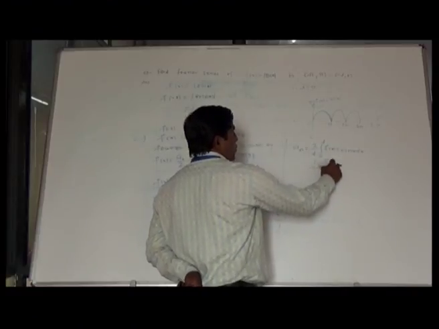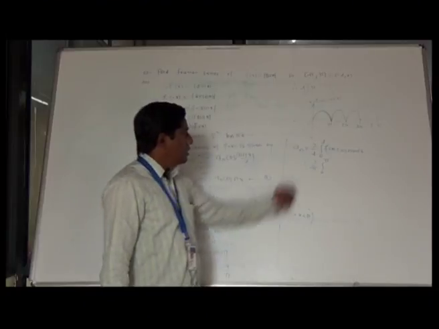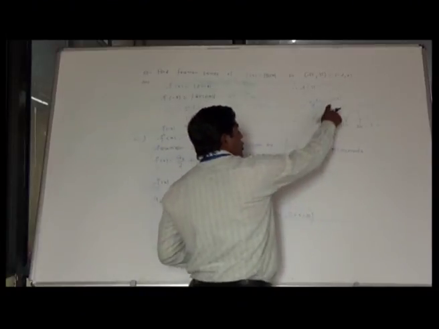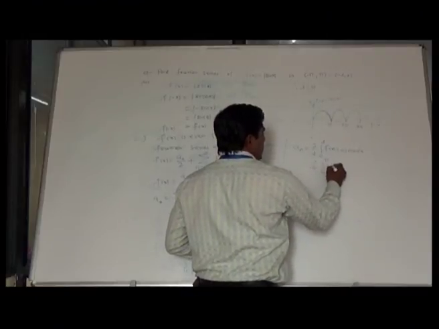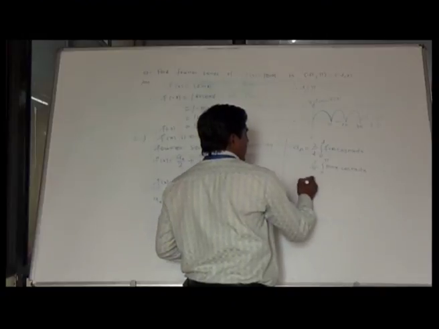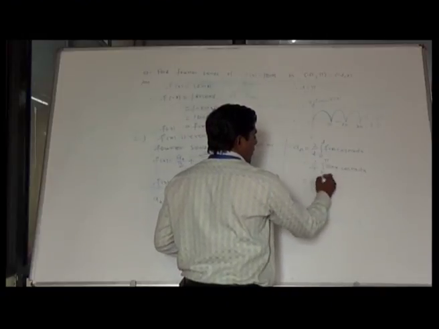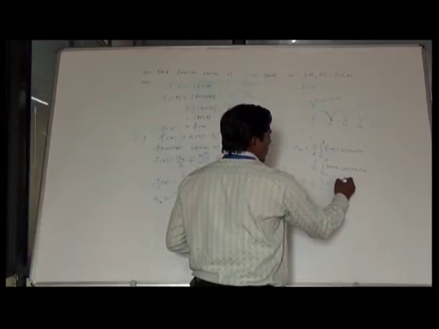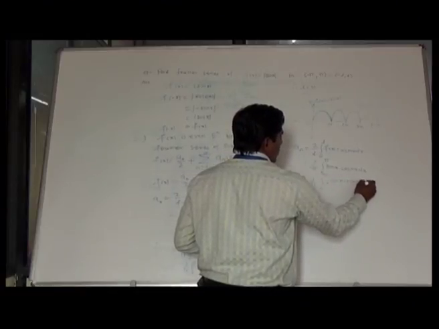In the interval 0 to pi, the given function f(x) is positive, therefore mod of sin x is plus sin x, cos nx as it is, multiplied by dx. Take 2 inside, integral 0 to pi, 2 into sin x into cos nx dx.